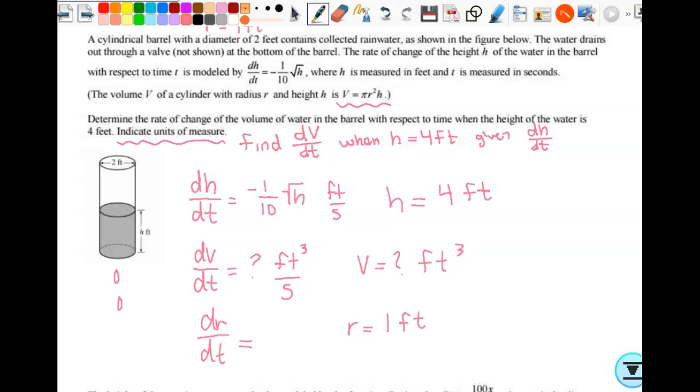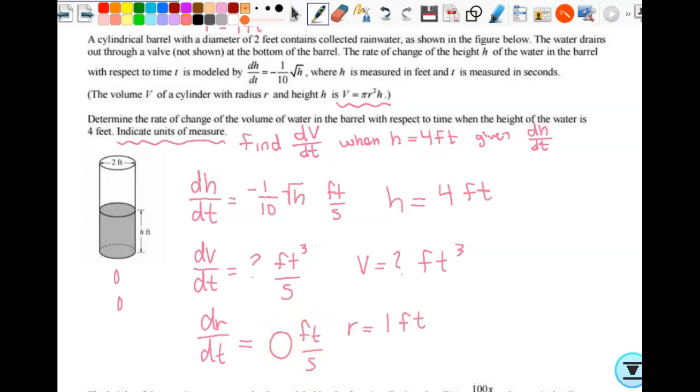The radius is constant. This is a fixed cylinder container. Now the height of the liquid is changing, but the cylinder itself is a container. So the radius is constant. So what do we know about the rate of change? 0. 0 feet per second.